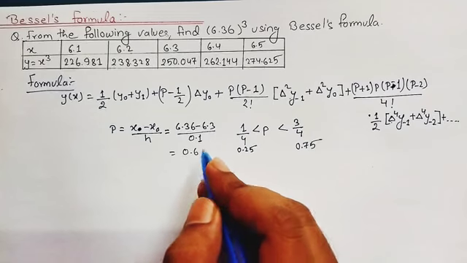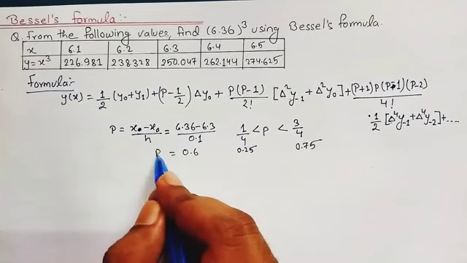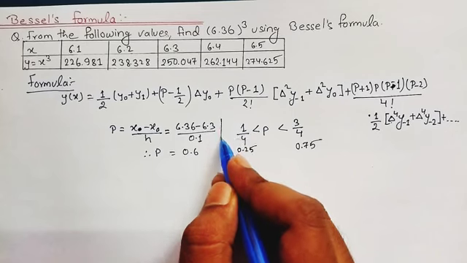On solving this we get 0.6, so p equals 0.6.